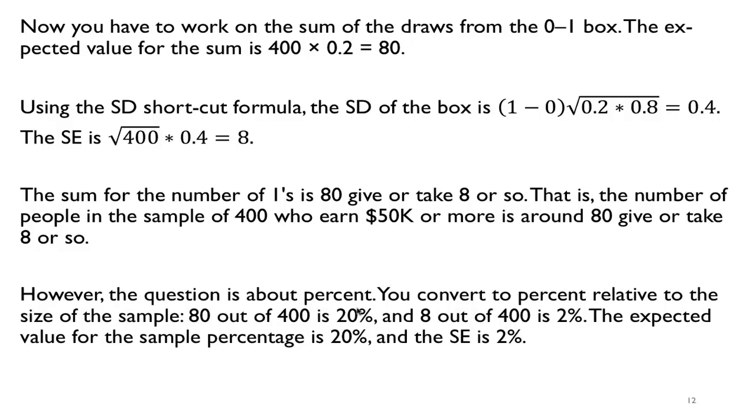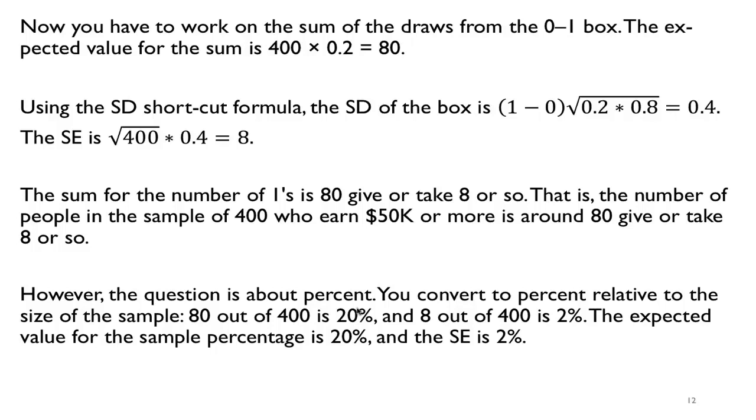Now, because we're thinking about percentages, we have to convert those numbers into percentages. So 80 out of 400 is 20%, 8 out of 400 is 2%. So we expect to get a 20% sample percentage, and the error for that percentage is 2%.